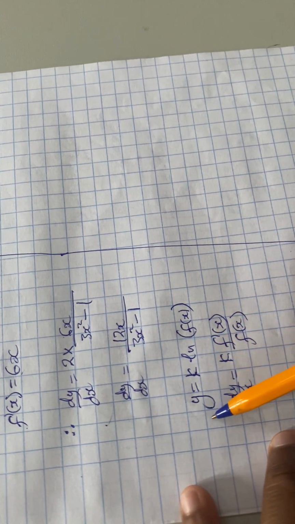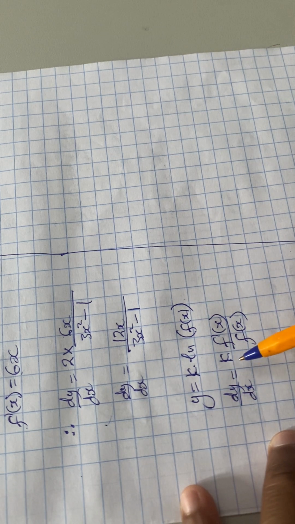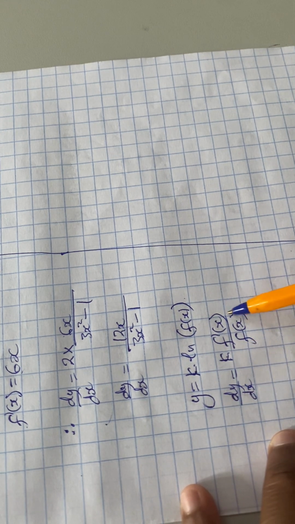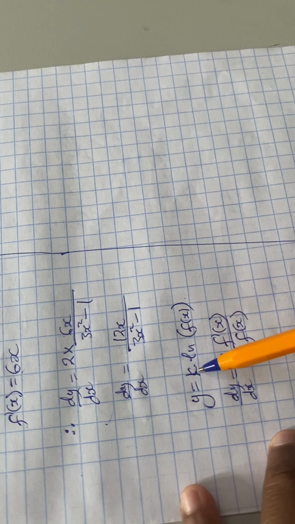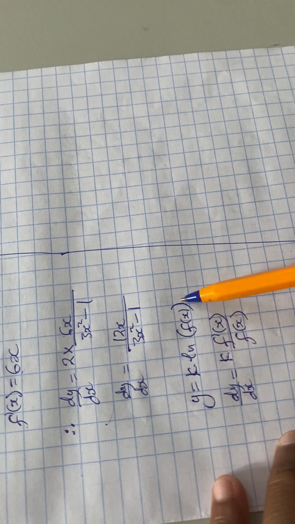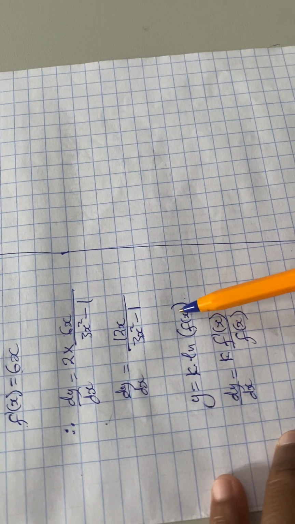So you see, we had k in our initial equation, and even now we still have k after the first derivative. Our k is just a constant which multiplies the logarithmic function, so we don't pay attention to the k, we just leave it as it is. And then we focus on finding our f of x.